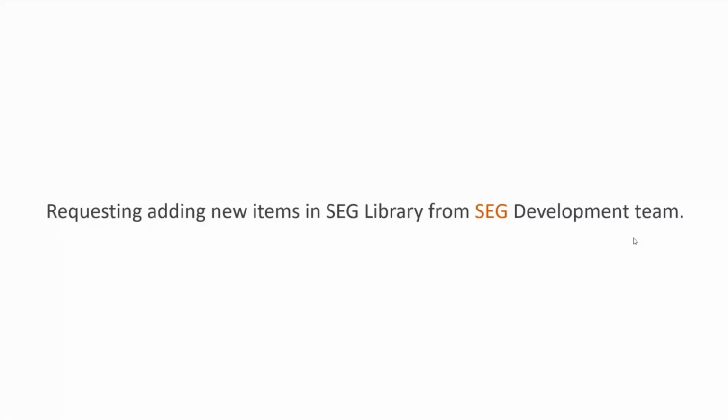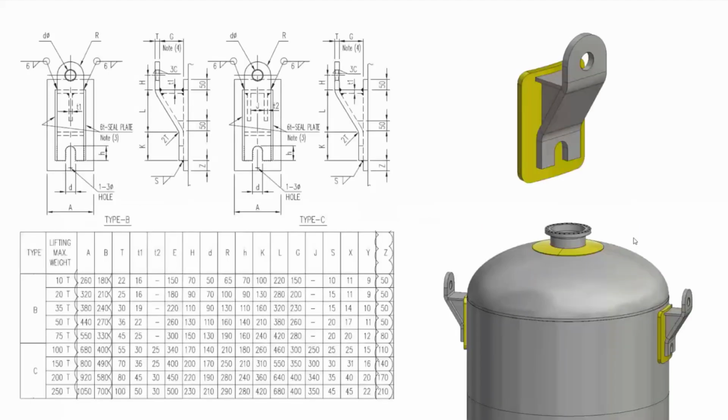Another way to add new items to the SEG library is by requesting the SEG development team to add those items to the SEG library. For example, we did that 100 times, and here are some samples from requesting orders from our clients.